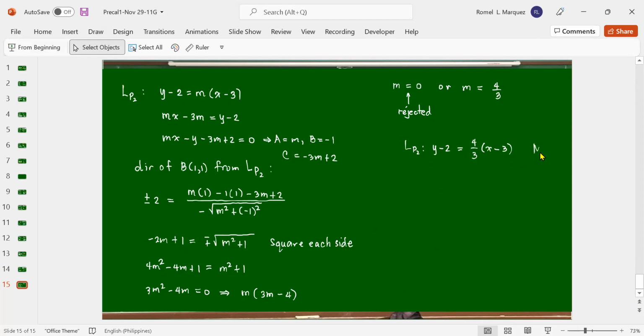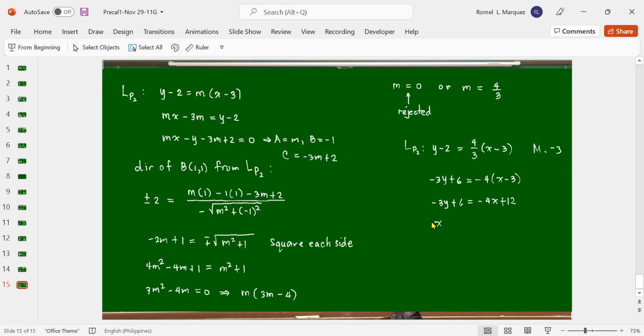Multiply by negative 3, getting negative 3y plus 6 equals negative 4x plus 12.